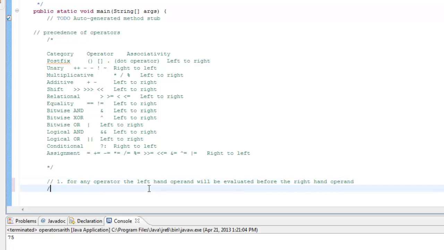And the second rule says that all the operands are guaranteed to be evaluated before the operator is executed.